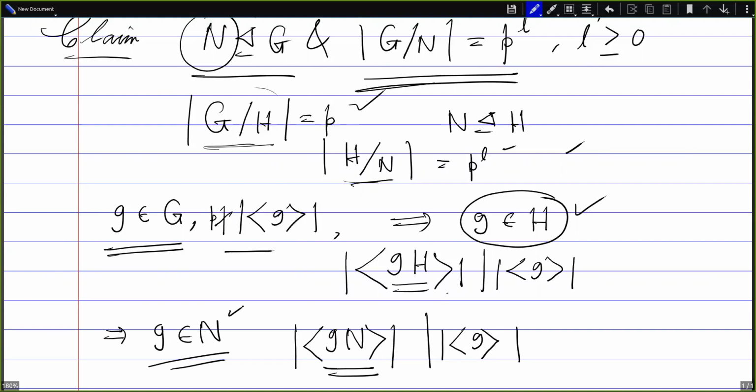And from this it is quite clear that for any X in G, X N X inverse is going to be whole of N. So just a minute, let me just complete the argument.